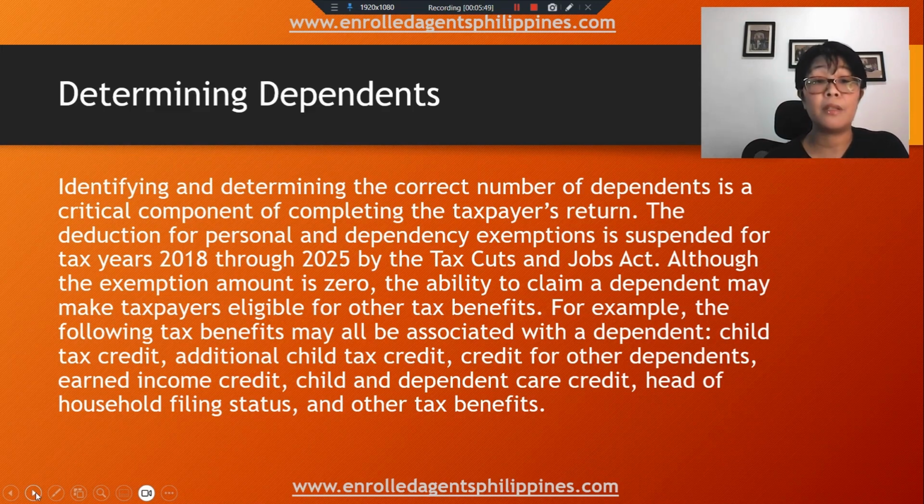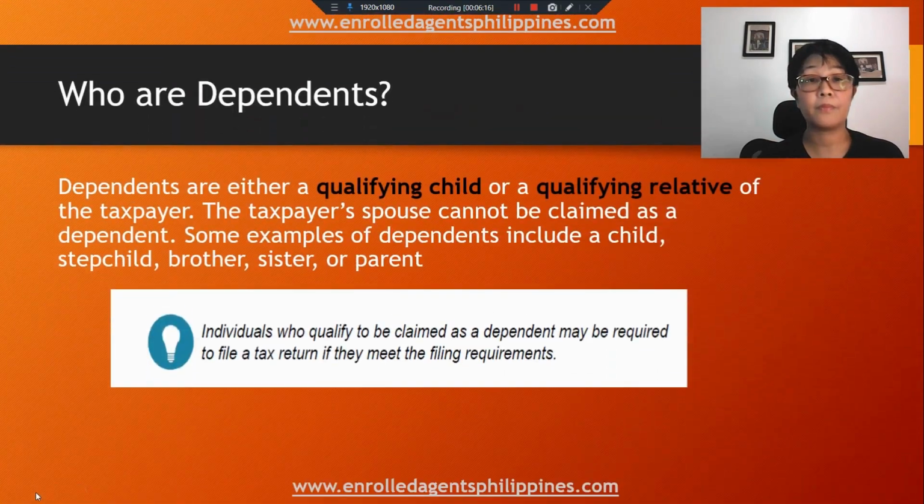For example, the following tax benefits may all be associated with the dependent. Nako-cover natin to sa mga susunod natin na topics. Child tax credit, additional child tax credit, credit for other dependents, earned income credit or EITC, earned income tax credit, yan tawag din sa kanya, child and dependent care credit, head of household filing status, and other tax benefits.